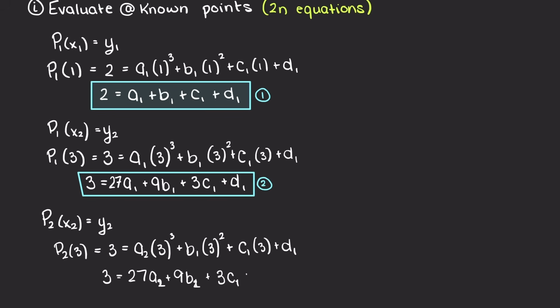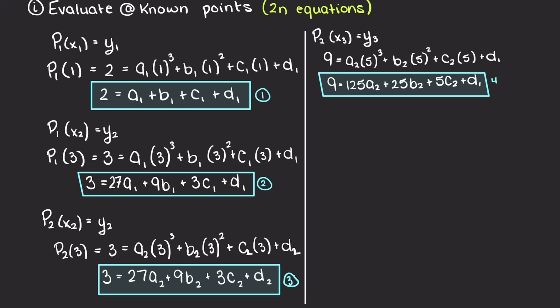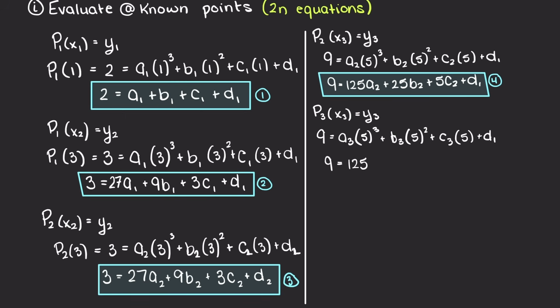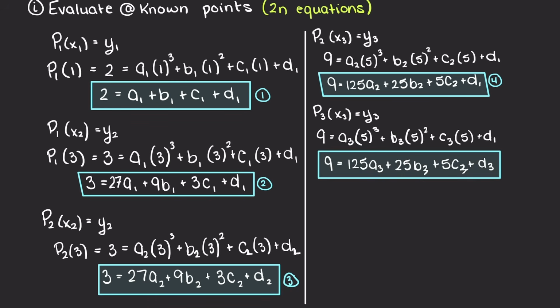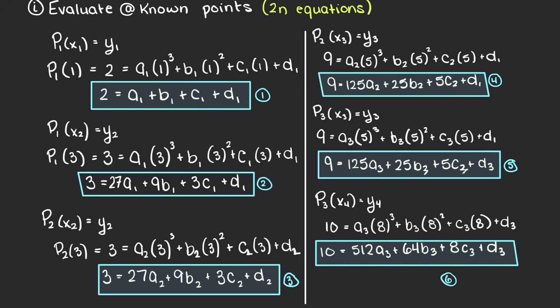P2 will be evaluated at x2 and x3, and lastly, P3 will be evaluated at x3 and x4. As you can see, when we are done here, this results in 6 of our 12 equations.